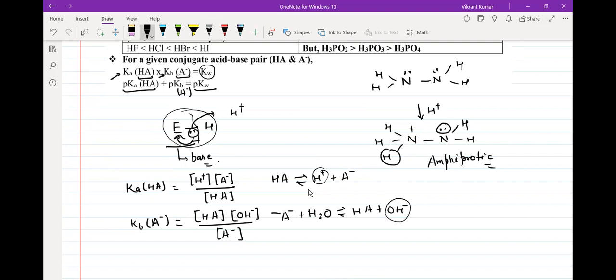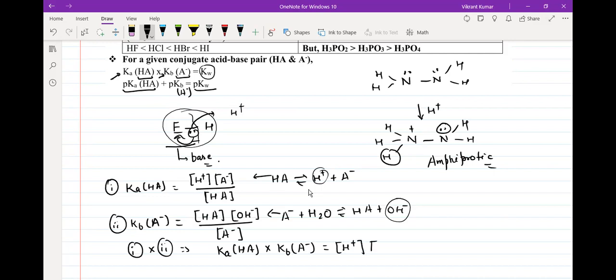Now just multiply. If I call them 1 and 2, 1 into 2, see what forms: on the left side Ka of the acid HA into Kb of the base A minus, and on the right side H plus into OH minus. And what is that? It is Kw.